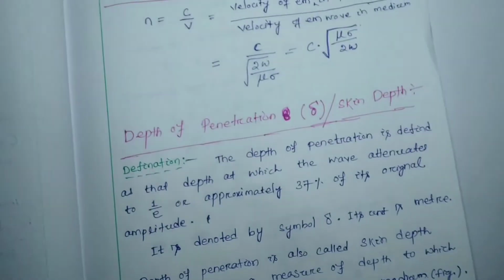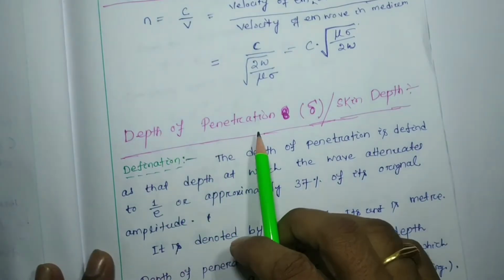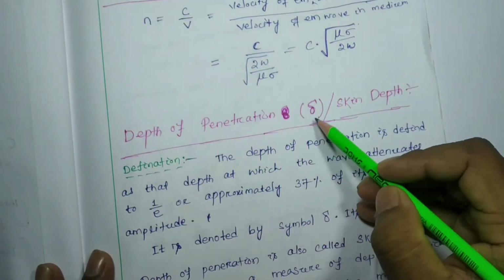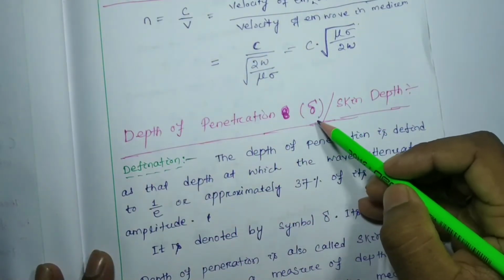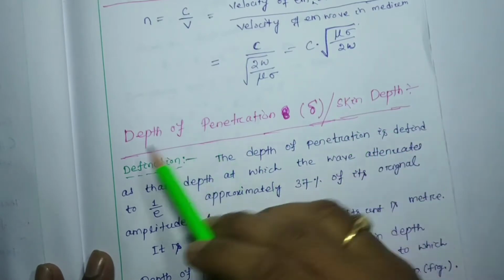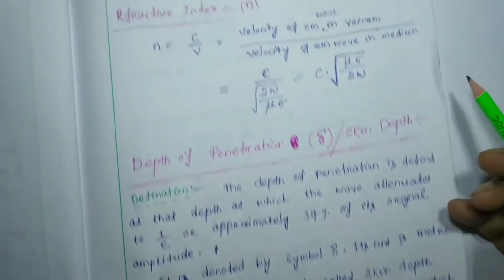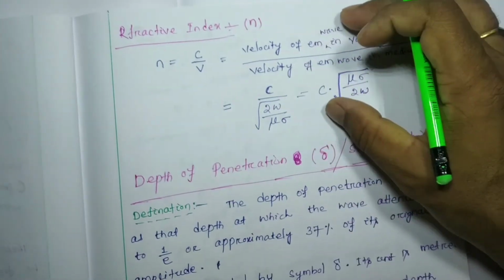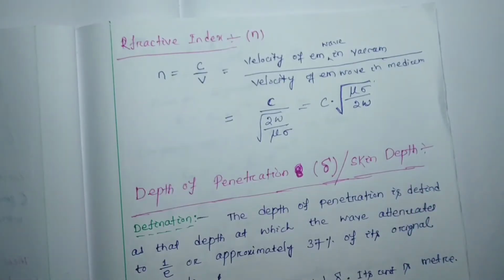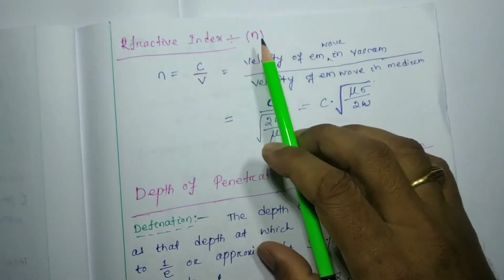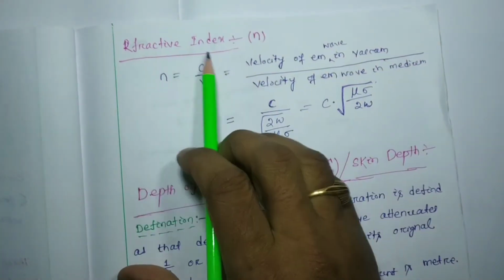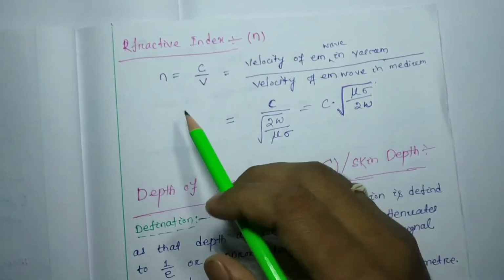Now today we are going to discuss depth of penetration, which is symbolically represented by delta, and is also called the skin depth. Before that, a small physical parameter we are going to discuss is the refractive index.